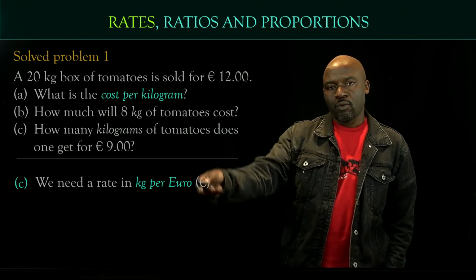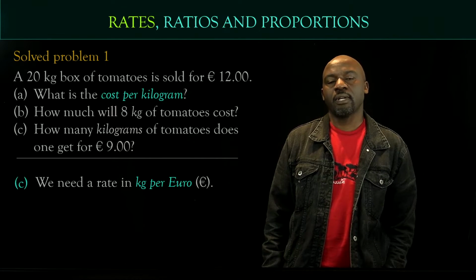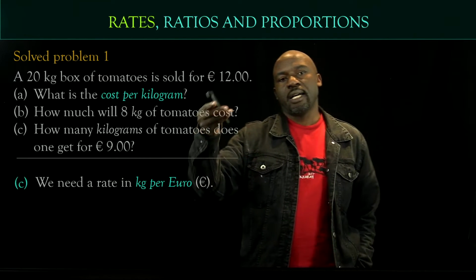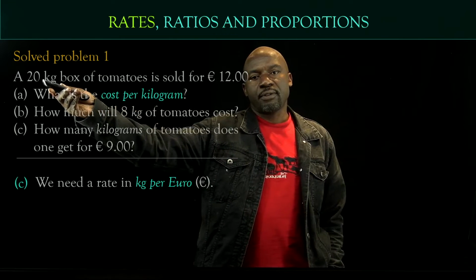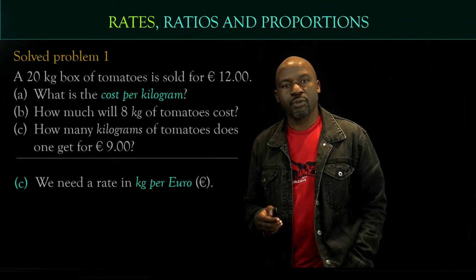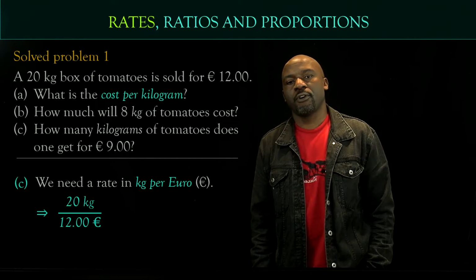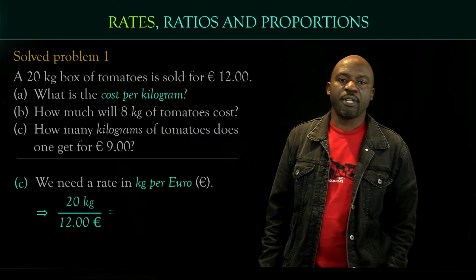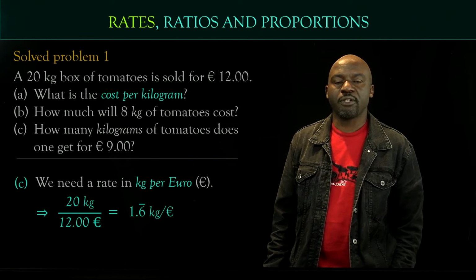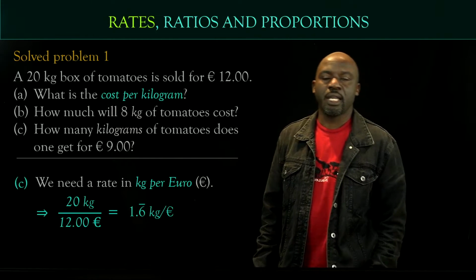Well, we need to calculate a rate in kilograms per euro. And to do that, we must take the amount of tomatoes in kilograms divided by euros. So euros now in the denominator. And we have 20 kilograms for 12 euros. So how many kilograms per euro? We get 1.6 recurring kilograms for every euro that we spend.